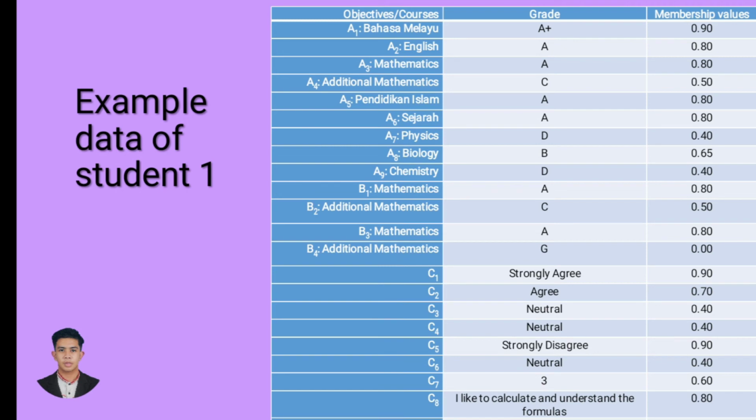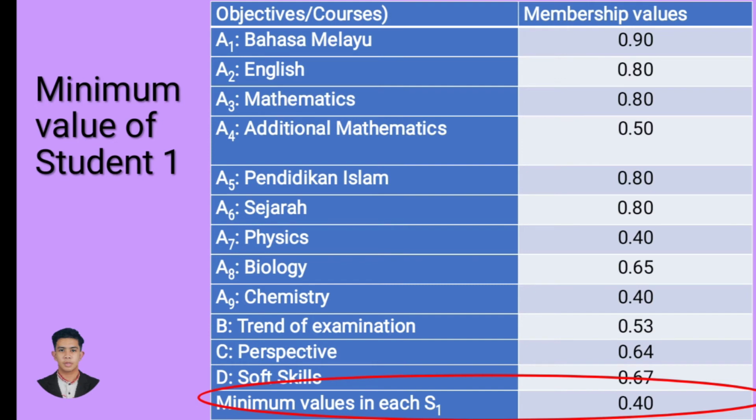And the last one is membership value. The grade is changed to membership value to evaluate the data. This table shows the minimum value of student 1. From the whole data set, we compare the membership values of student 1 and get the very minimum membership value, which is 0.4.